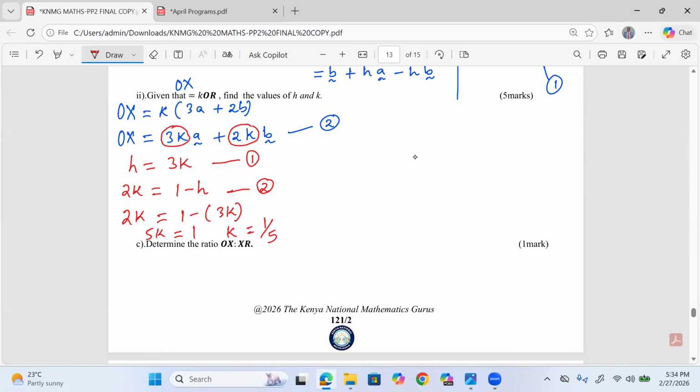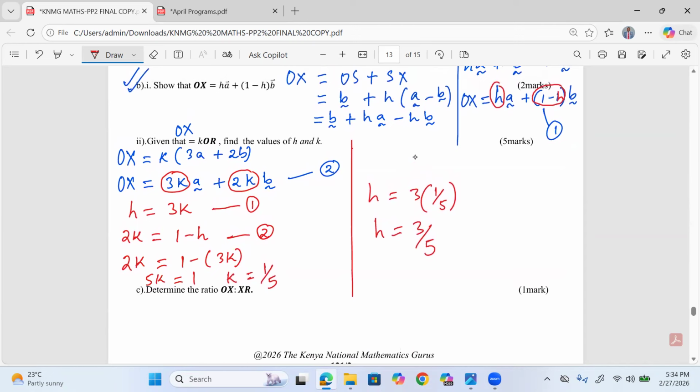We divide by 5 through. With 1 over 5 as the value of K, what will be the value of H? 3 times the value of K, which is 1 over 5. So the value of H is 3 over 5. Now we have the value of K and the value of H. Very easy to work out.